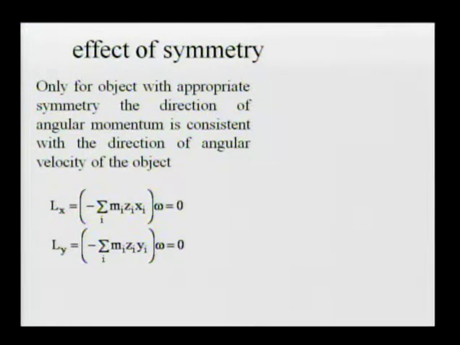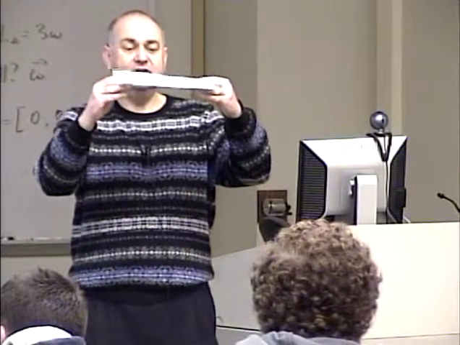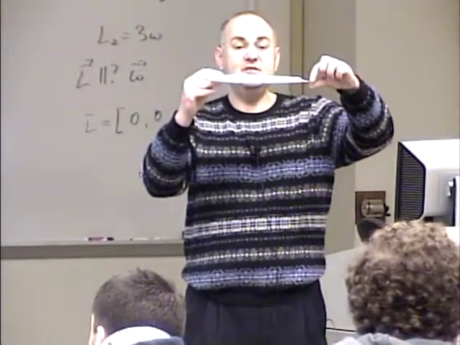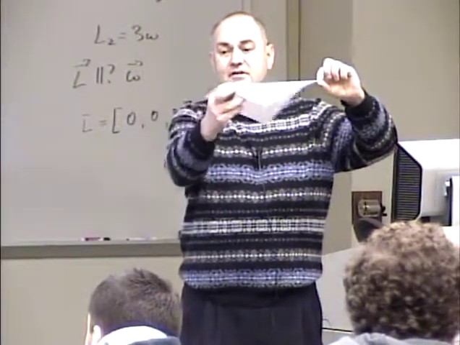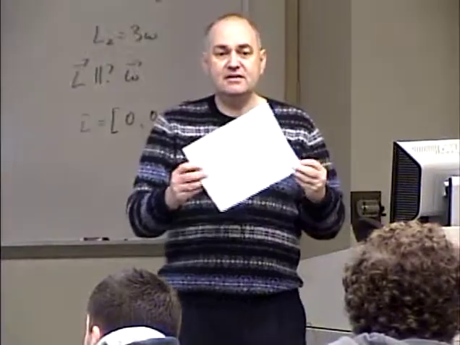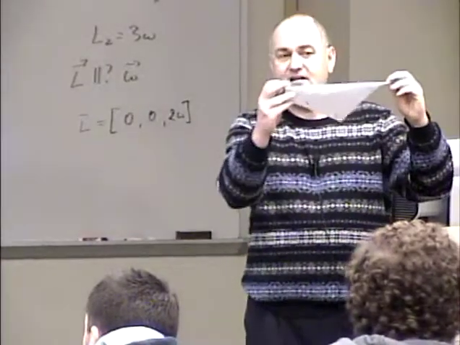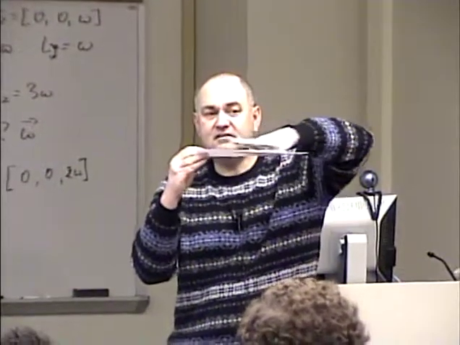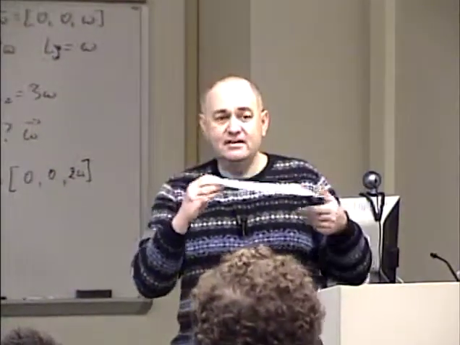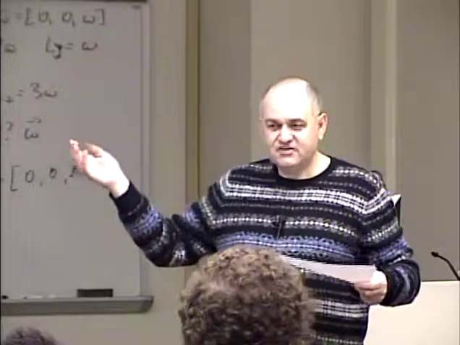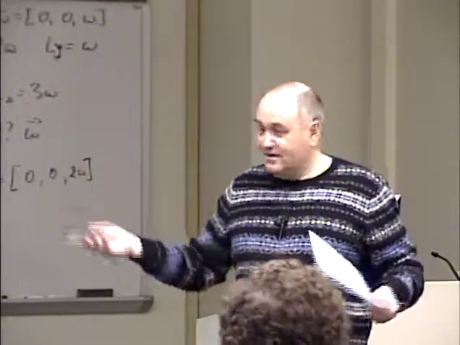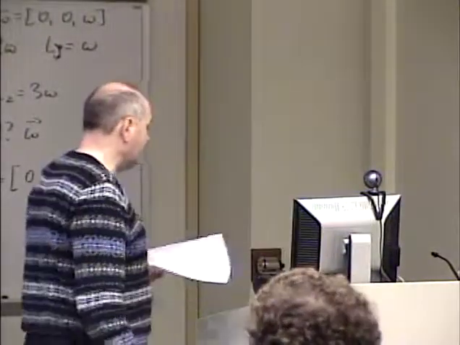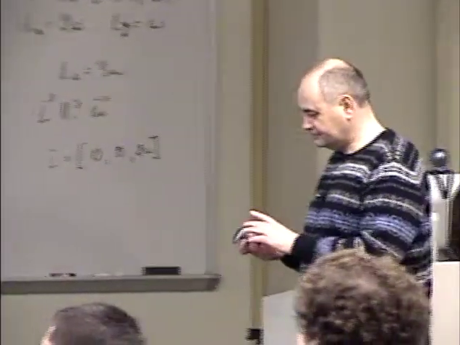So if I take a sheet of paper, pick a reference frame in the plane of the paper, angular momentum and angular velocity are going to be parallel, because all particles are in the xy plane. So for them, all zi are 0. If I add a lot of zeros, I will get 0.